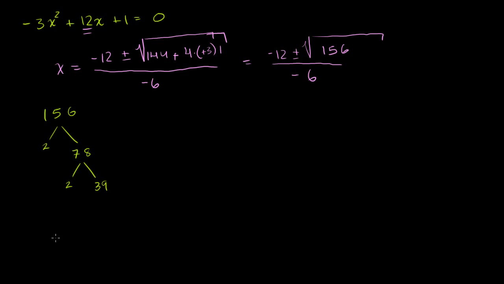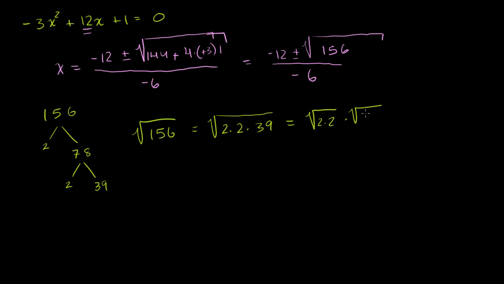So the square root of 156 is equal to the square root of 2 times 2 times 39. Or we could say that's the square root of 2 times 2 times the square root of 39, and this obviously is just going to be the square root of 4, or the square root of 2 times 2 is just 2. 2 square roots of 39, if I did that properly.